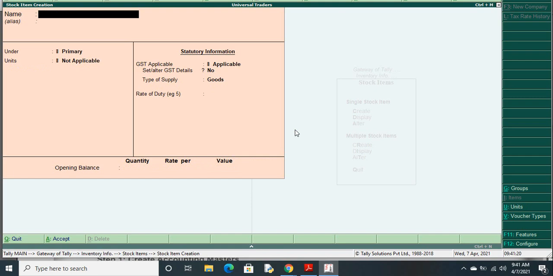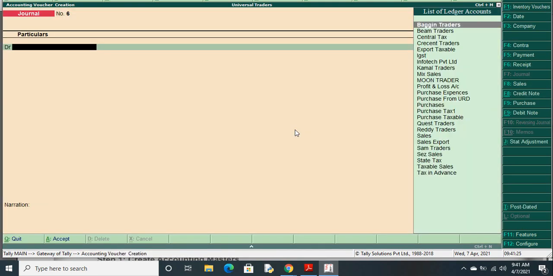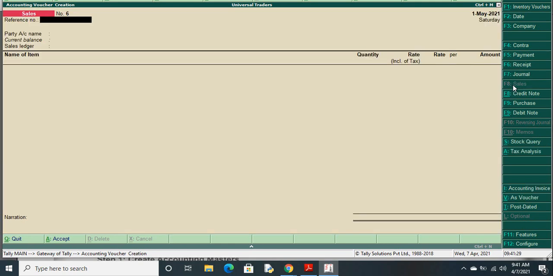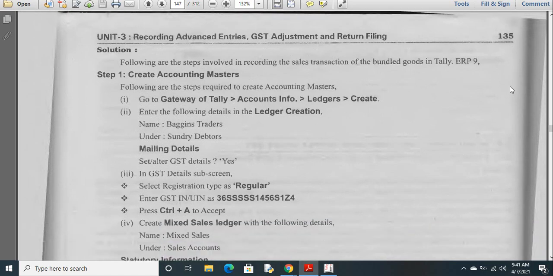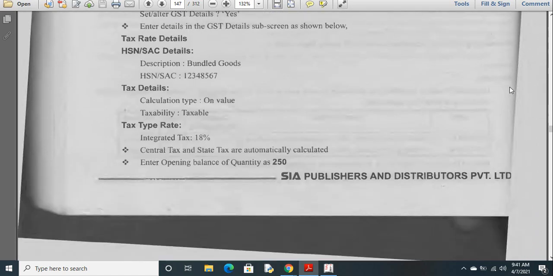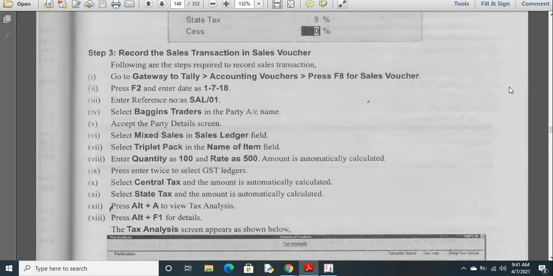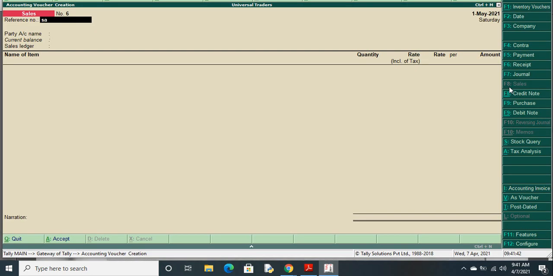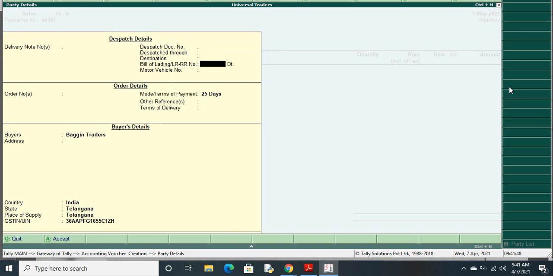Okay. Now we'll go to sales voucher, sales. What is the reference number? SAL01, party name Bag-in Traders.